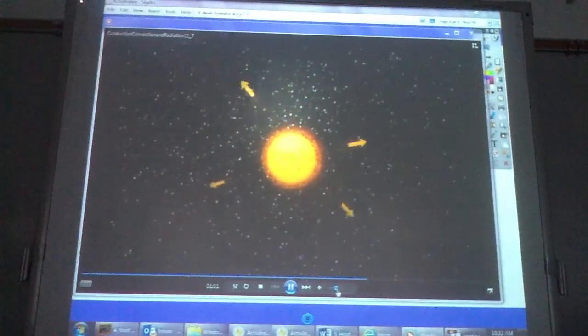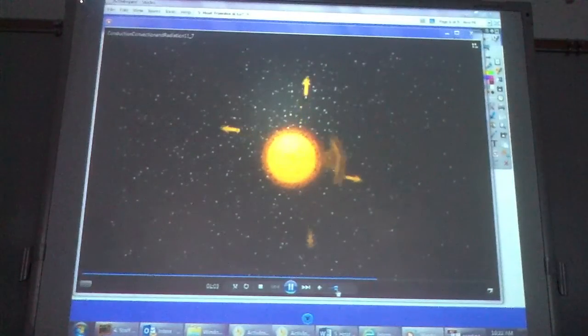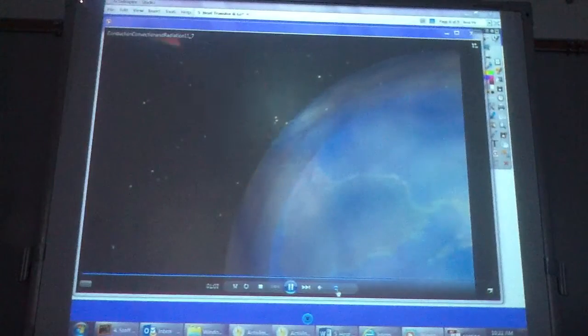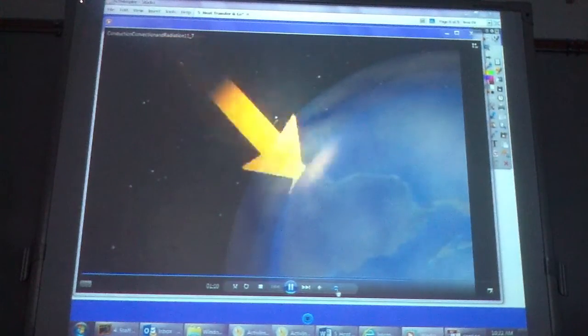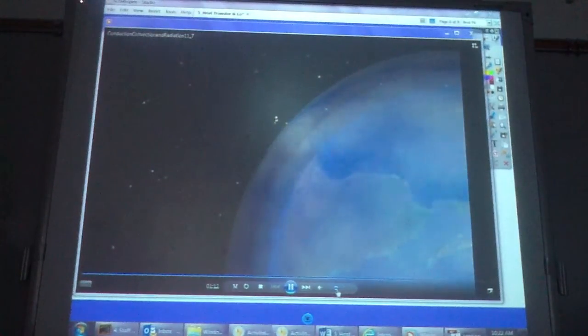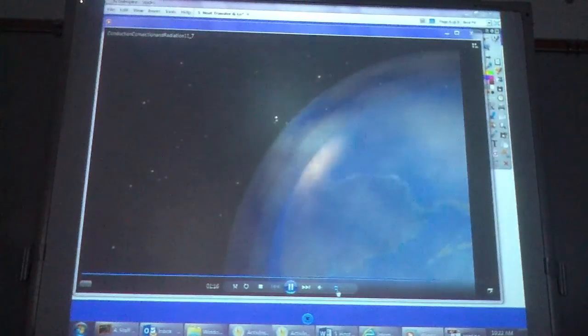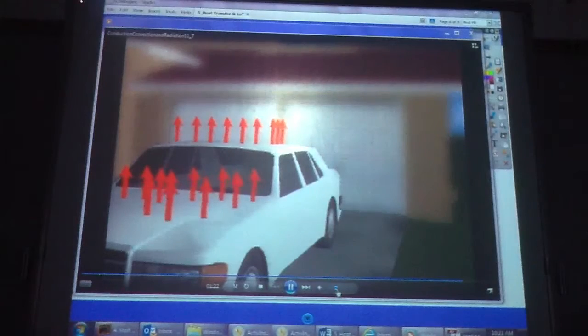This energy is carried by electromagnetic waves that travel at the speed of light. When the sun's radiation reaches Earth, some is reflected back into space by the atmosphere, and some is reflected by Earth itself. The remaining radiation that reaches Earth is absorbed. It becomes thermal energy. You experience thermal energy when you touch a parked car that's been warmed by the sun.